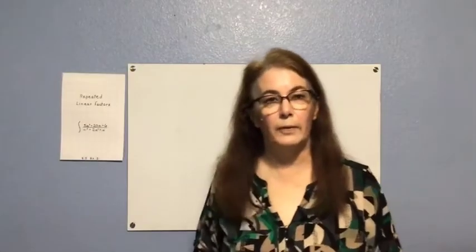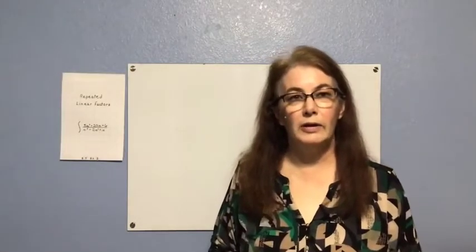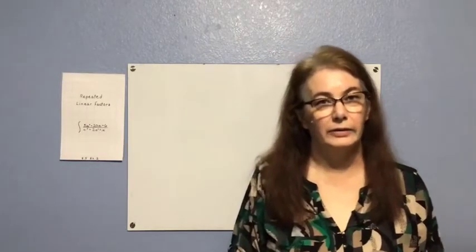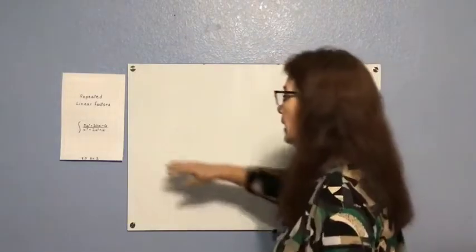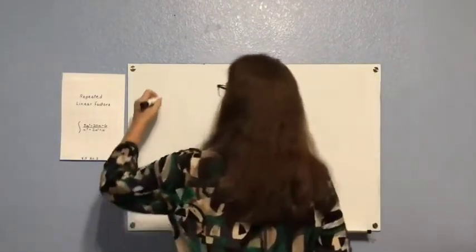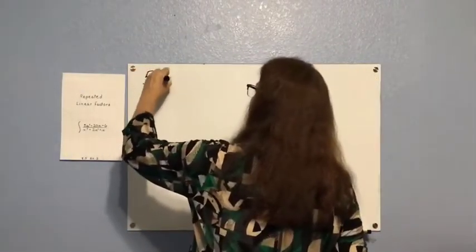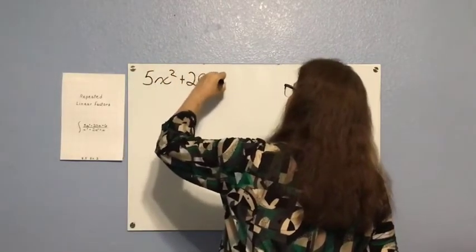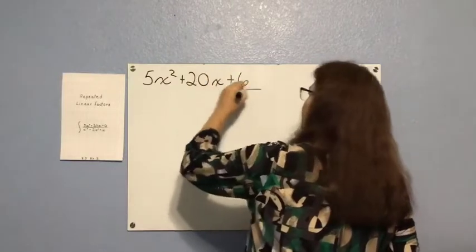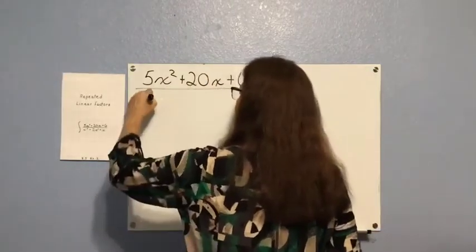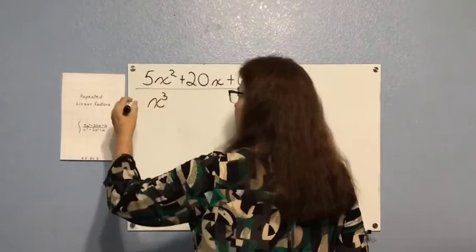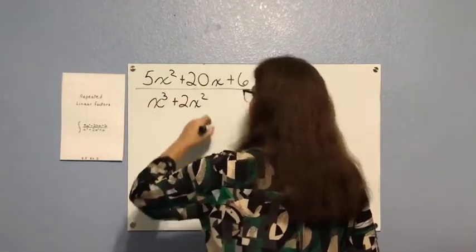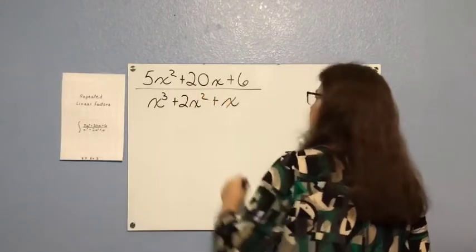In this example, we'll look at a function where I'm going to have multiples of the same linear factor. I start off with this function, 5x squared plus 20x plus 6 divided by x cubed plus 2x squared plus x.